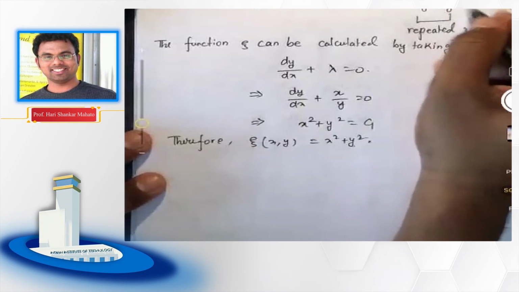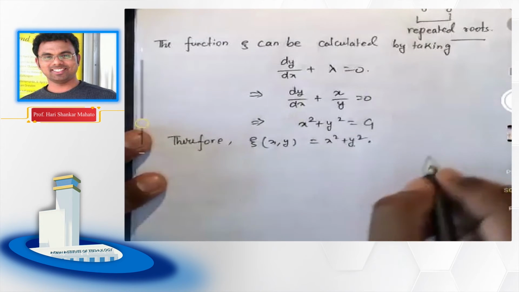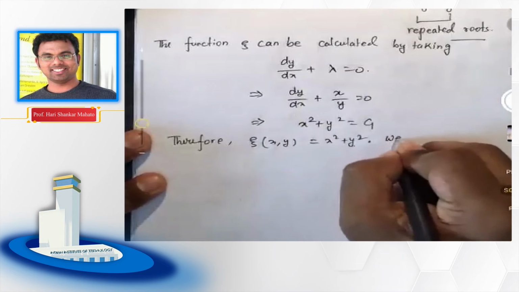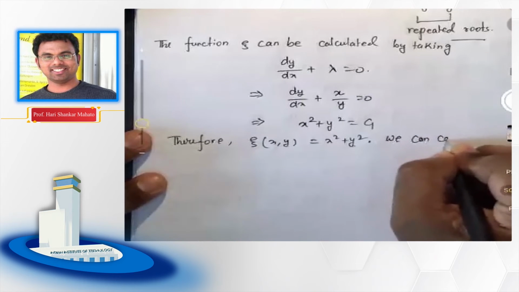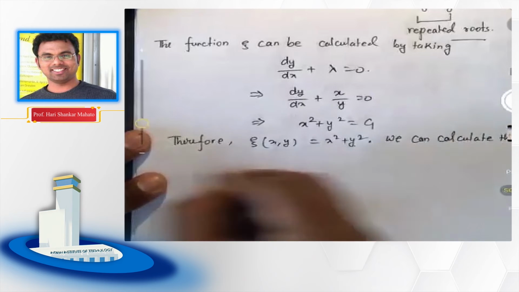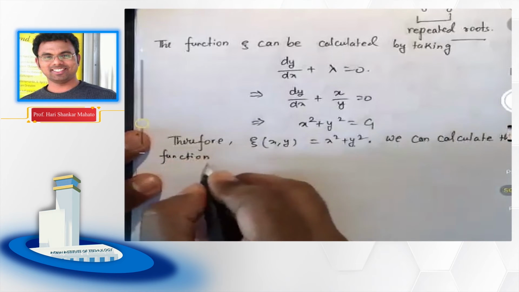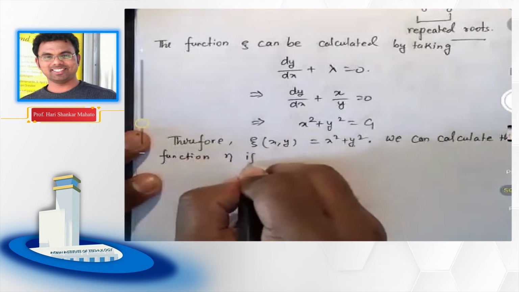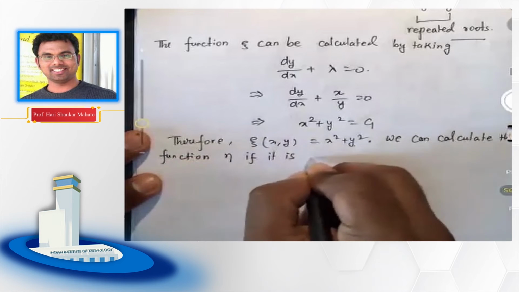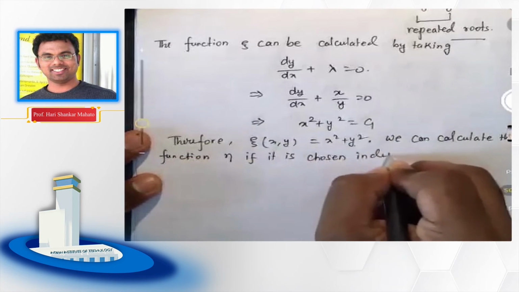As I told you, taking lambda equal to the same x by y will not serve the purpose. But we can calculate the function eta if it is chosen independent of xi.